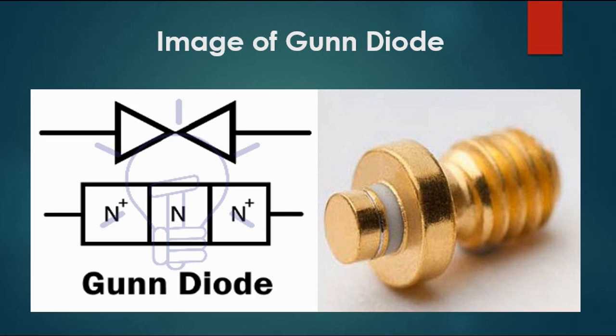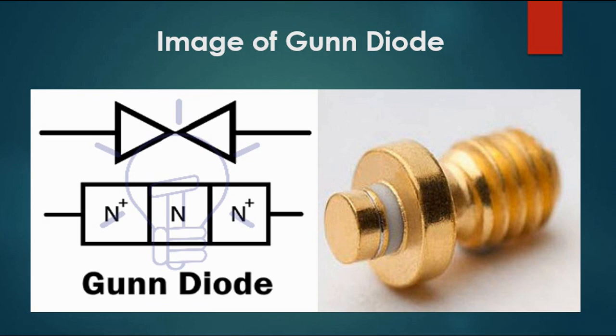Now, the image of the Gunn diode. Look at the symbol, and look at the positive and negative. As in the N material, it carries positive also. Now, what I'm explaining here is this.